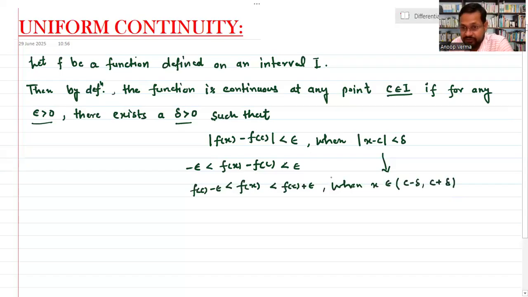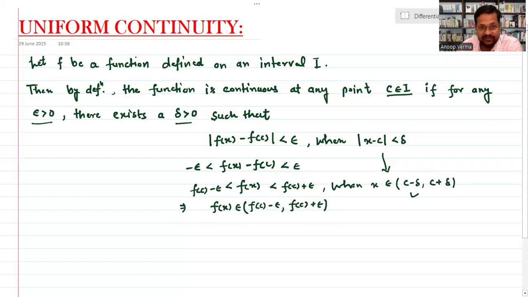So whenever you take x in this interval, the value of the function should lie in this interval. You can also say f(x) belongs to the open interval (f(c) minus epsilon, f(c) plus epsilon). So this is the definition.